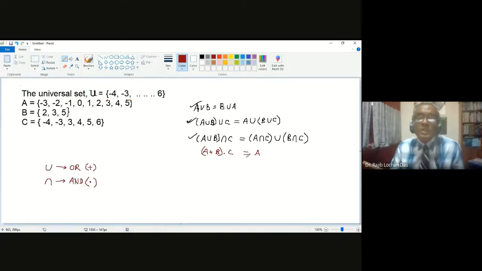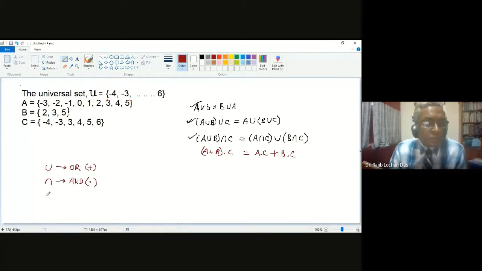A plus B then into C, isn't it AC plus BC? Yes, sir. So it is AC plus BC, and I have written the same thing. A intersection C. Intersection means and means into, and union means or means plus. So don't you see the same thing now? Yes, sir. Okay.